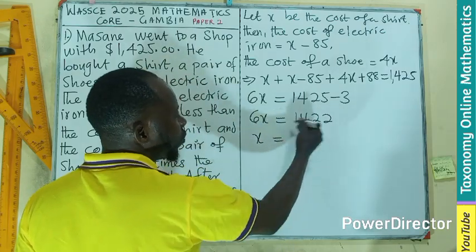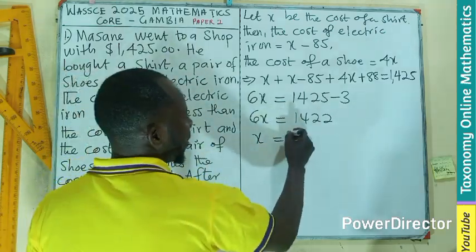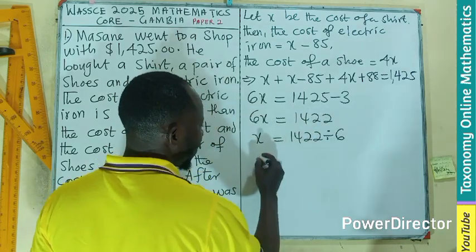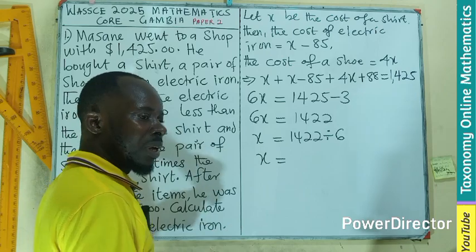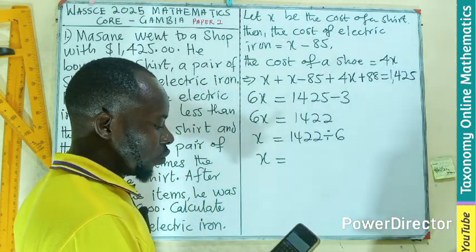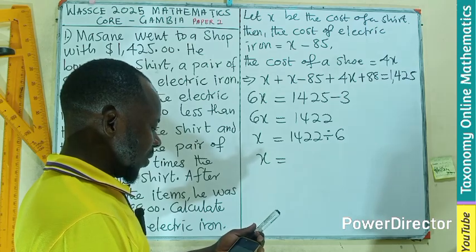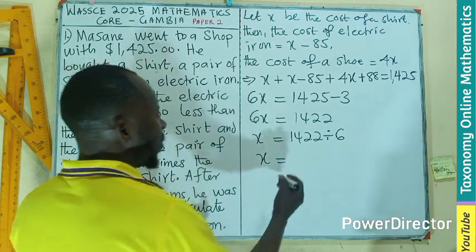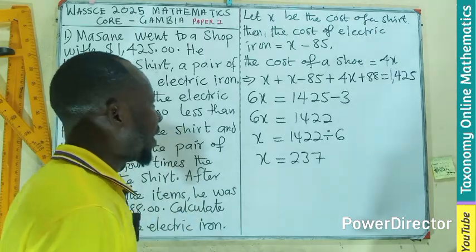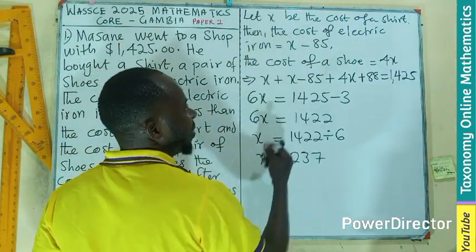So X will be equal to 1,422 divided by 6. On our calculator, 1,422 divided by 6 will give you 237.